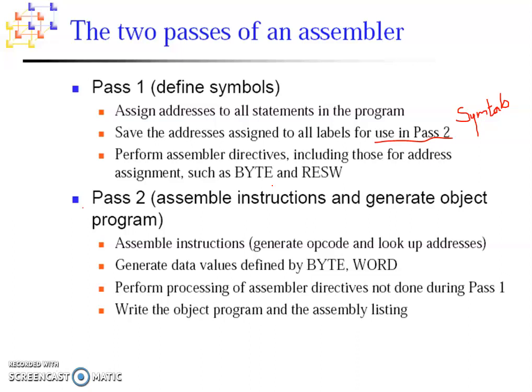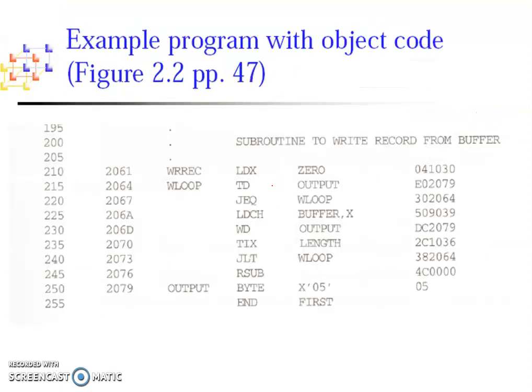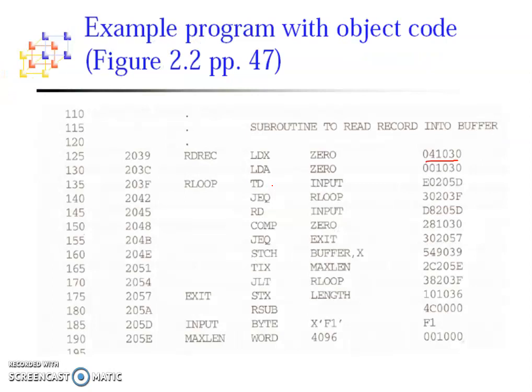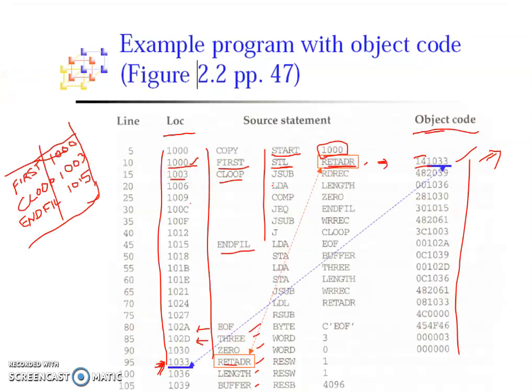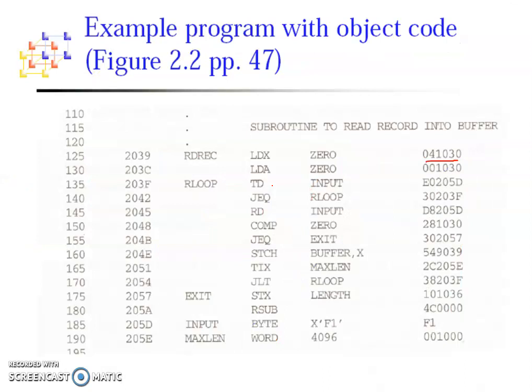Here the word is 4096, so 4096 bytes will be allocated for this max length. So the address will be incremented accordingly.